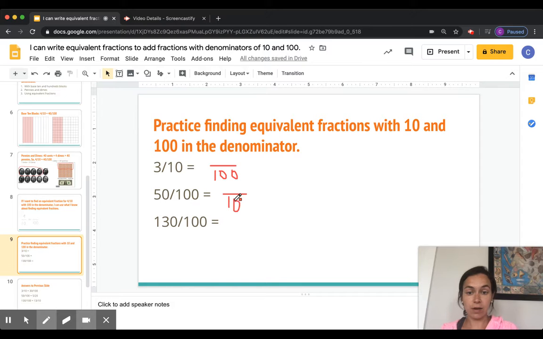That means I'm going to be using division for this one. And I want to know what 130 over 100 is equal to out of 10. When you guys have done those, you can move on to the next slide and it will show you the answer.